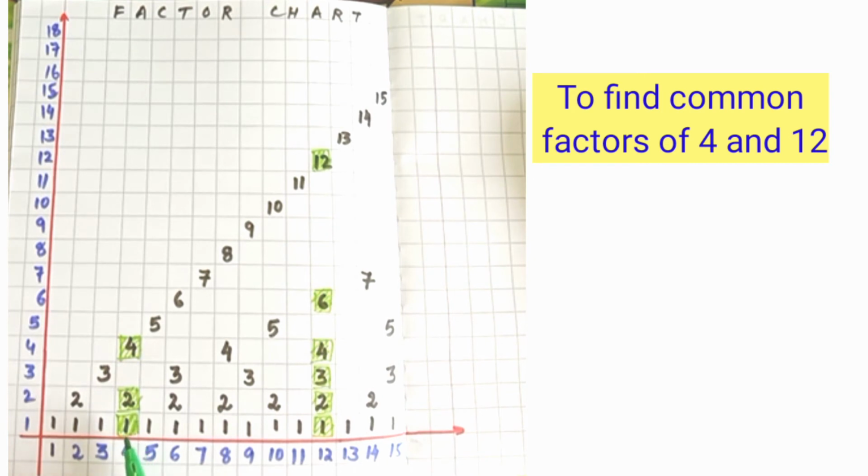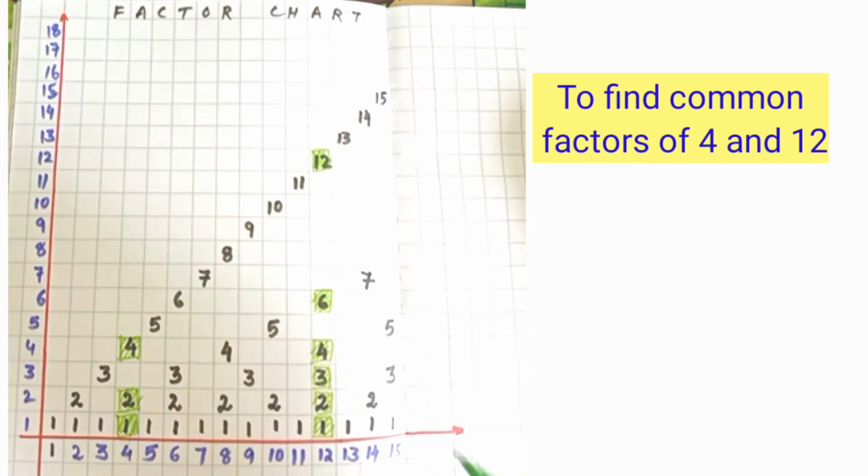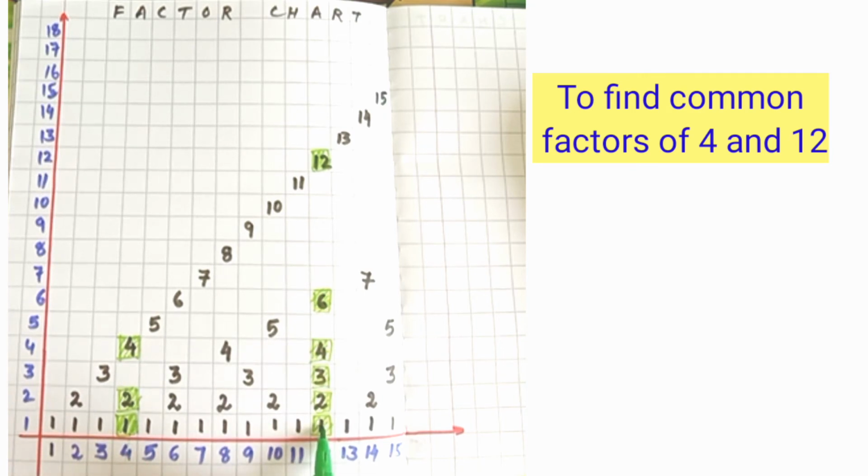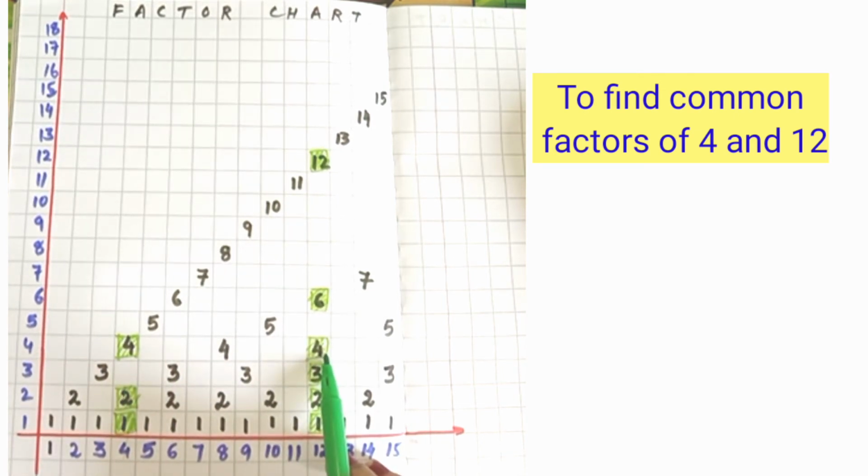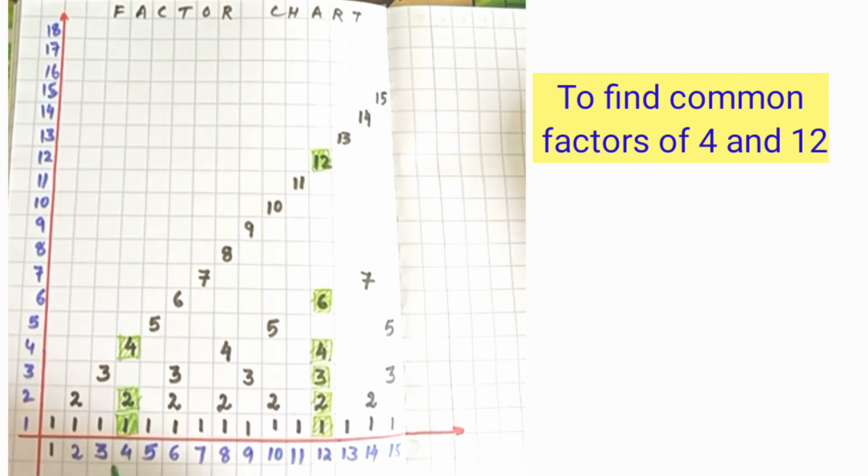Common means something which is present in both. Look at this standing tower and look at this standing tower. Now check which numbers are common, meaning present in both. 1 is present here, here also. 2 here, here also. 4 here and here also. What about 6? 6 is not present here. Not even 12 is present here.